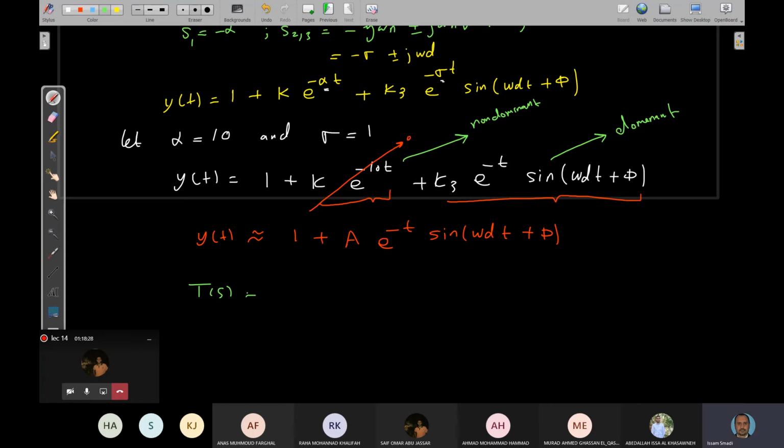T of S, this one is equal to Y over R. This one can be approximated to be 1 over S. Now, you said that it's characterized by the second order system, so here what should I write? هنا 1 S تربيع.